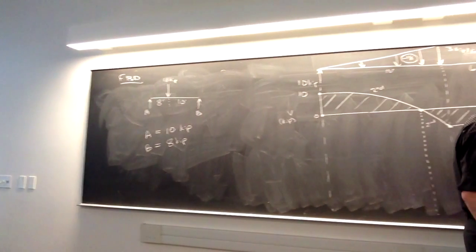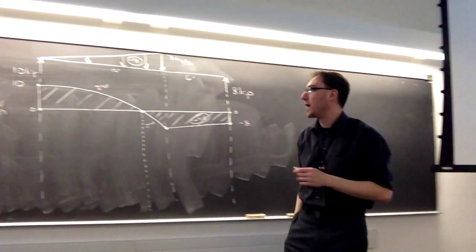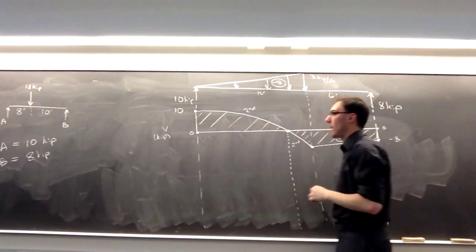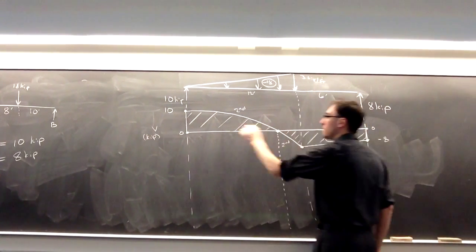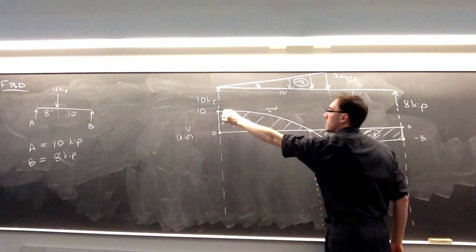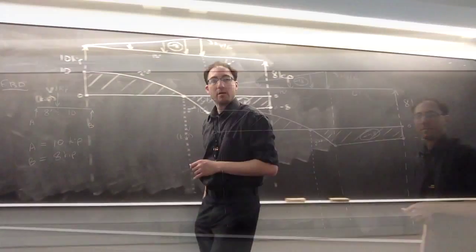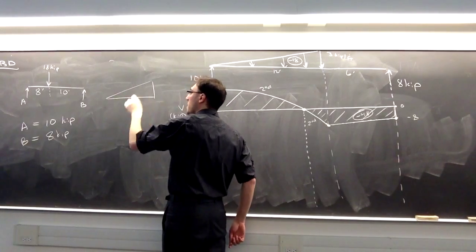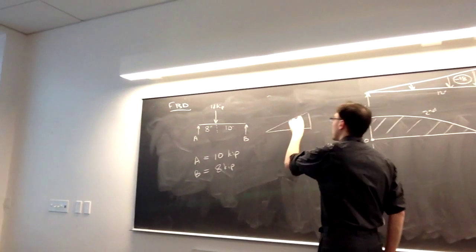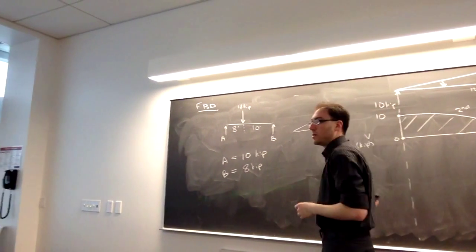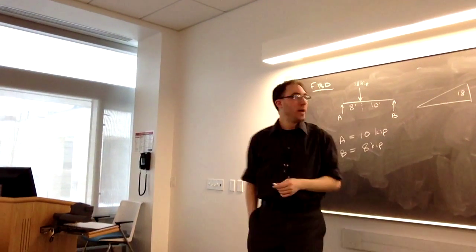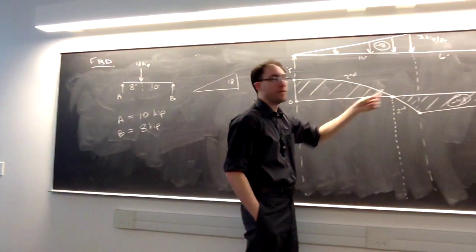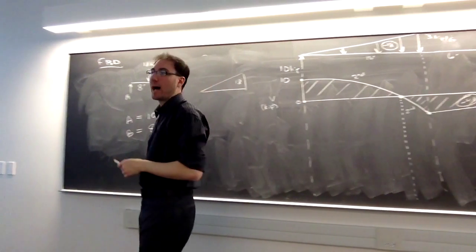So first thing we need to do is find where V intersects the graph at 0. How far do we need to go from the 10 down to the 0? We know for this distributed load, the triangle has a total area of 18. We have to go from 10 down to 0, so the value of V has to go down by 10.